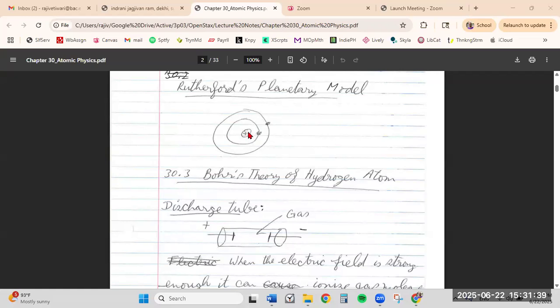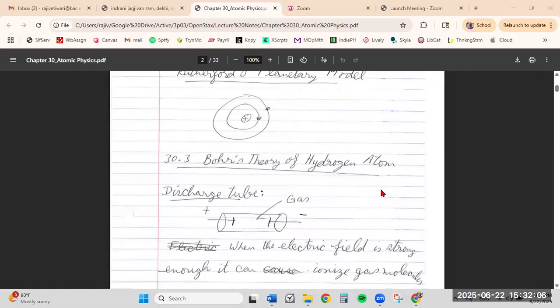Because remember, the nucleus is positively charged, the electrons are negatively charged, so there's an inherent force of attraction between the two. So if you go by classical physics, then atoms should not even exist. Within a very tiny fraction of a second, all of the electrons would end up in the nucleus.